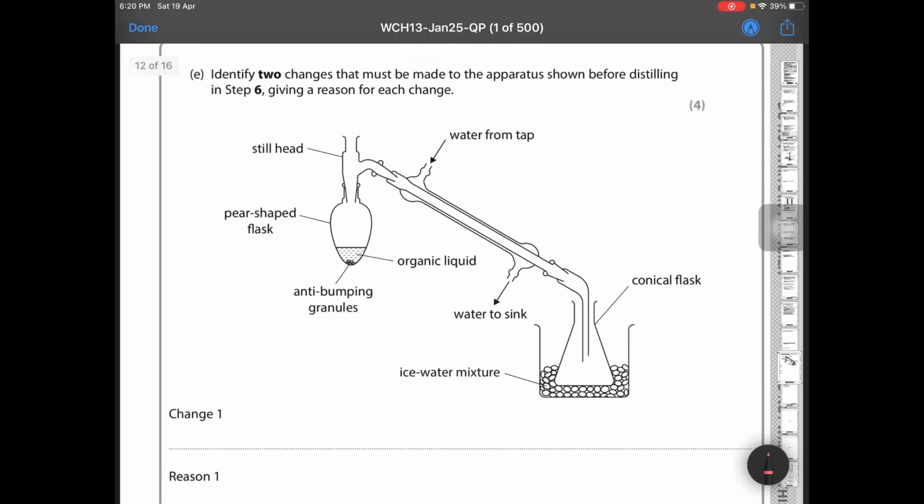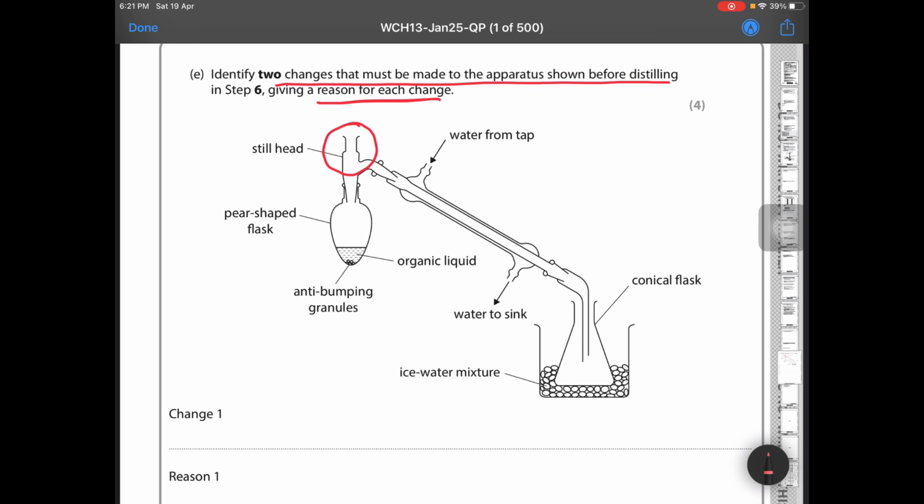Now, in this question, you are going to make some changes before distilling, and you have to give a reason for your change. So look at this diagram and try to find out the errors in this diagram. The first error is very much visible, there is no stopper.